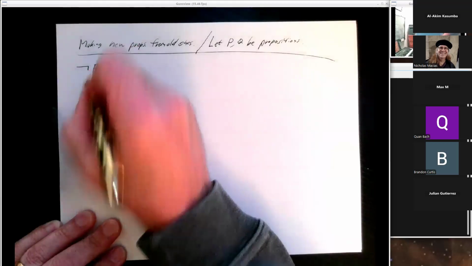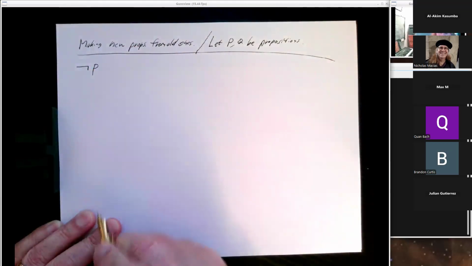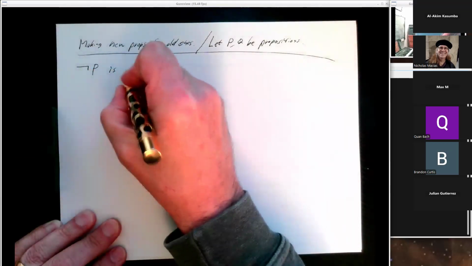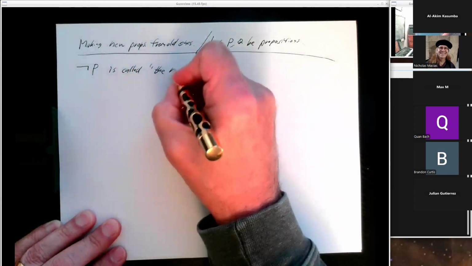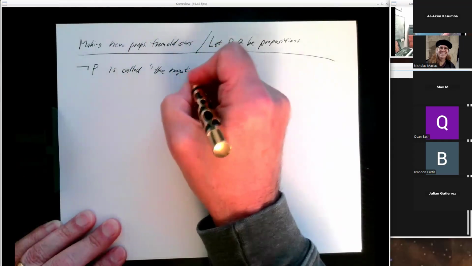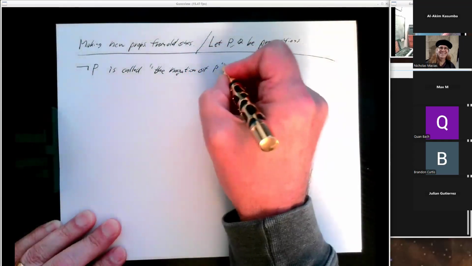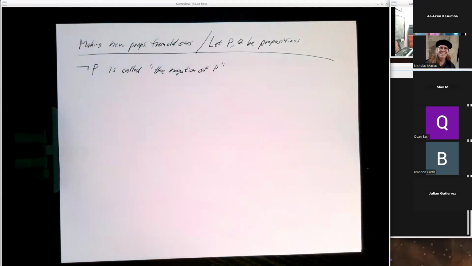So if we put a hook in front of a proposition, this is called the negation of P. And it's a new proposition.